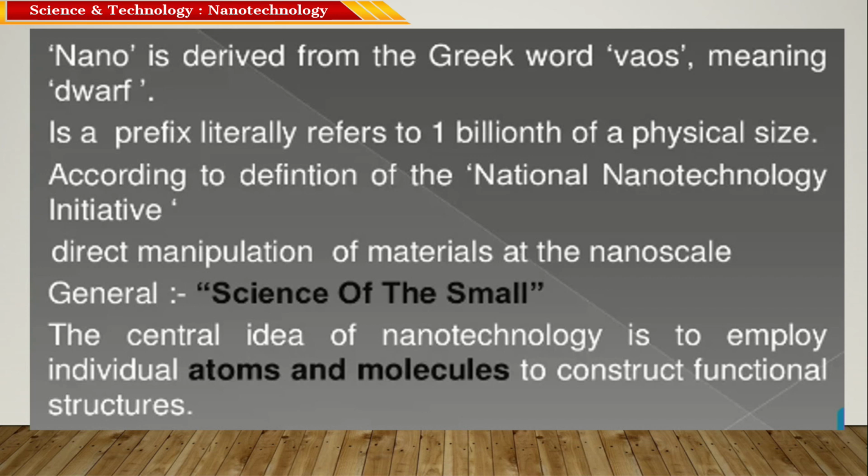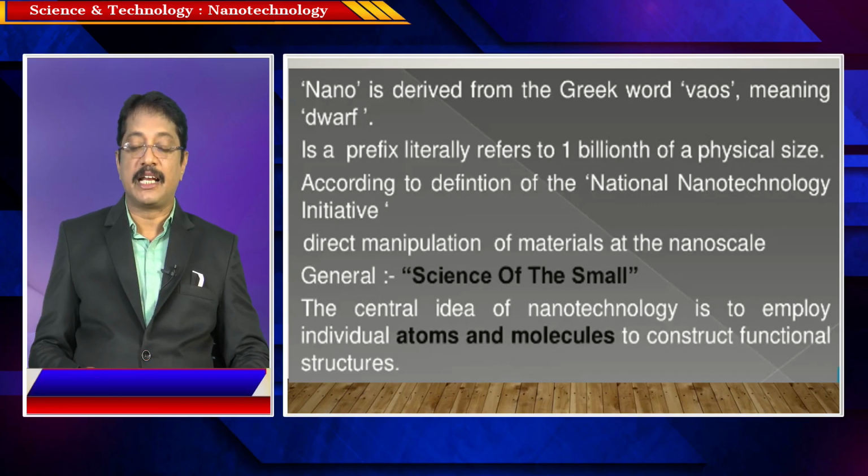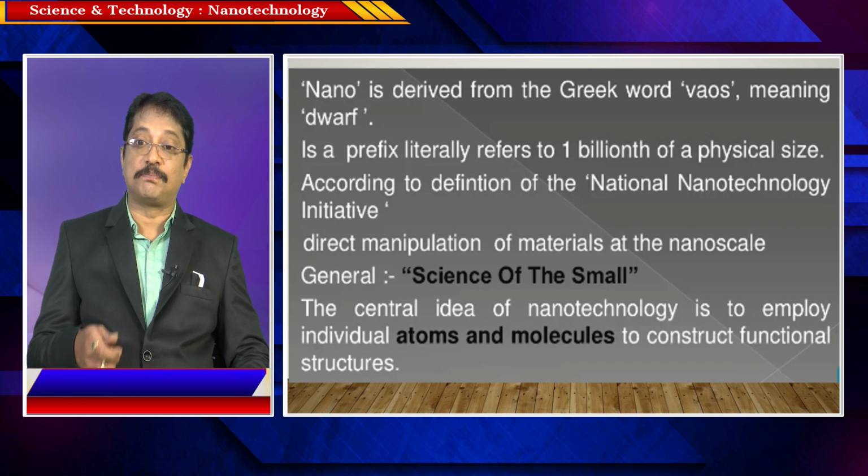In the same sense, 10 power minus 3 is called milli, meaning 1000th part, 10 power minus 6 is called micro, and 10 power minus 9 is called nano. So, do you understand the definition of nano? When you consider an object 1 meter in length, you take 10 power minus 9, meaning 1 billionth of that part will be magnified.